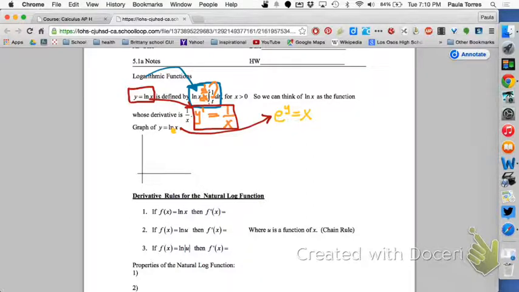And so any exponential has a y-intercept at 0, 1. So if y is 0, in this case, x will be 1.